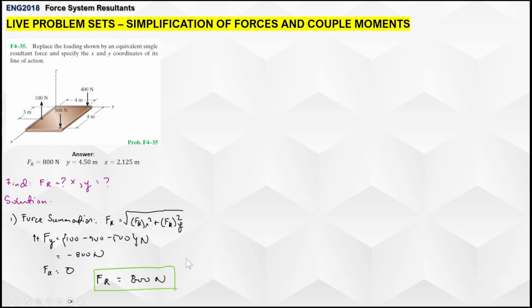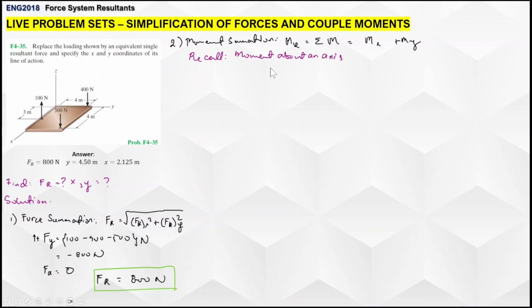Next up is the summation of moments, MR. Just like in part 1, the resultant moment can be solved by getting the components, Mx plus My. We can get the moments about an axis.